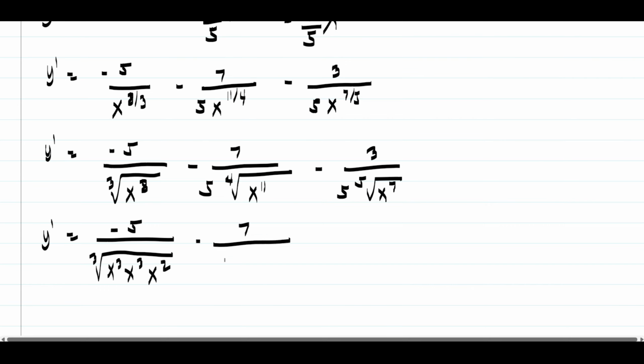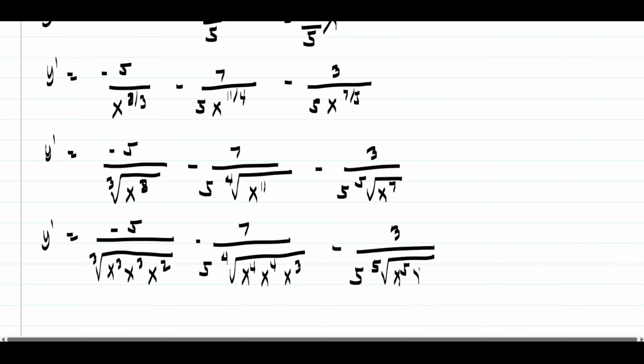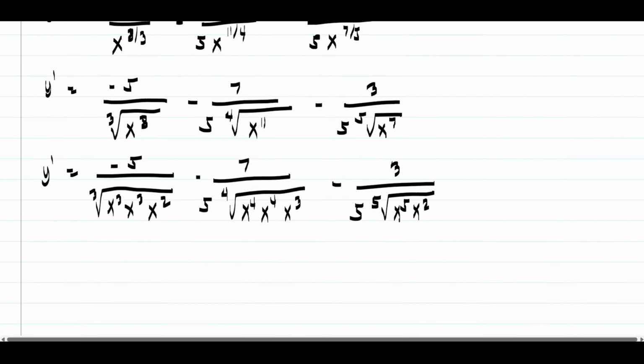Minus 7 over 5, and this time our index is 4. So we are going to cut the exponent 11 by 4, x raised to 4, x raised to 4, and then x cubed. Minus 3 over 5, this time the index is 5. So let us cut 7 by 5. So that is 5 and 2 because our index is 5.